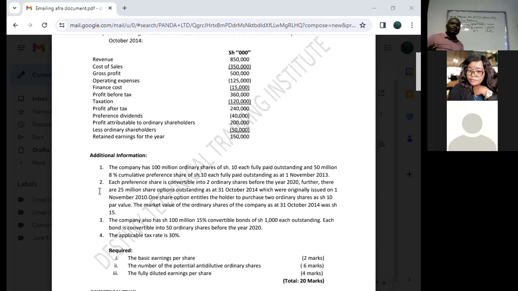Because we are looking for anti-dilutive, you need to tell me, is this security going to be dilutive or anti-dilutive? With this analysis, with the 40 and the 100, from your assessment, is it dilutive or anti-dilutive?